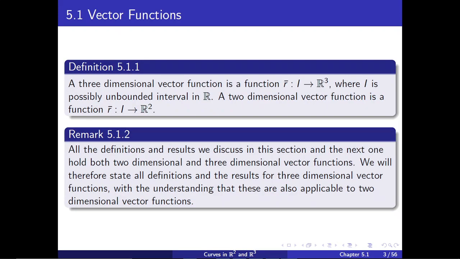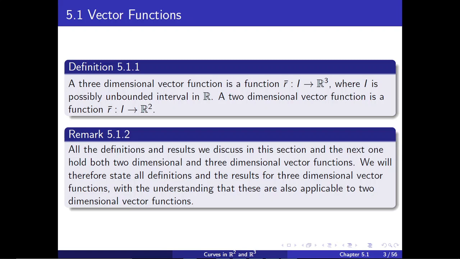So a three-dimensional vector function is a function r bar from I to R3, where I is a possibly unbounded interval in R. So we've got a function that maps from an interval in R, and it's mapping to R3.